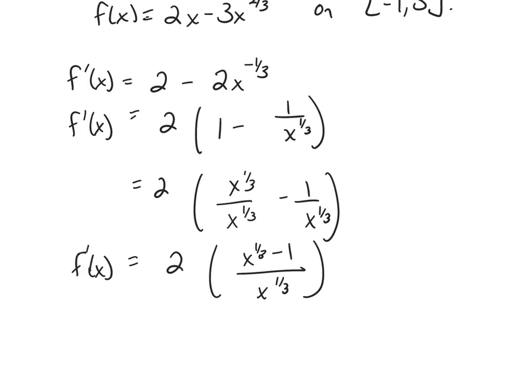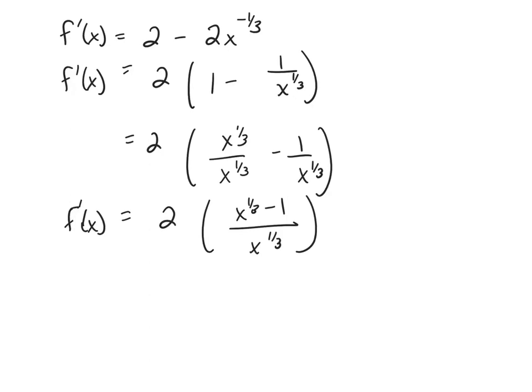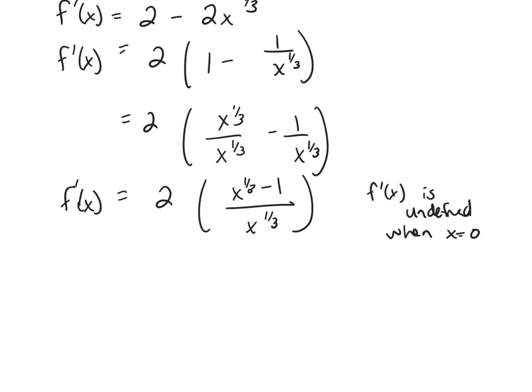So now that I have my derivative, I can ask the question, what are my critical numbers? So first, I know that this function, this derivative, f prime of x, is undefined when x equals 0. I can't plug in 0 because it would make the denominator 0. And now I'm going to ask, when is f prime of x equal to 0?